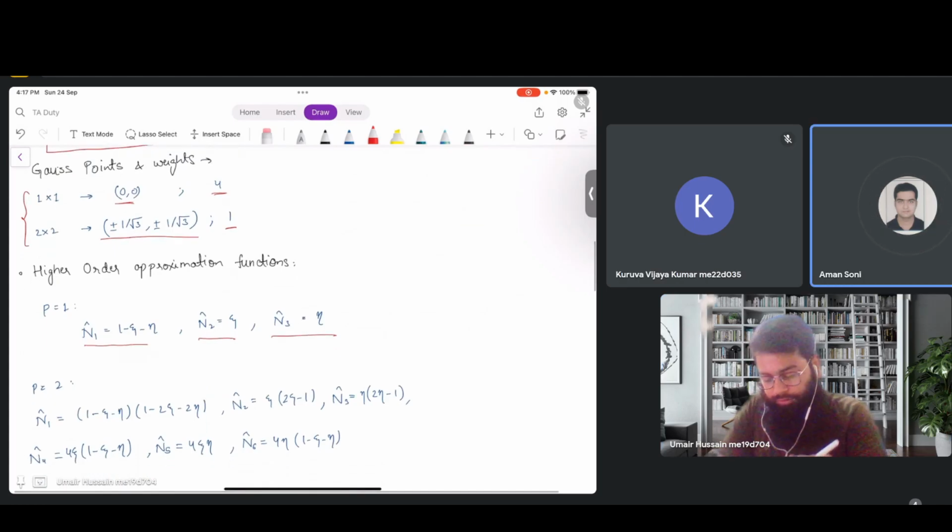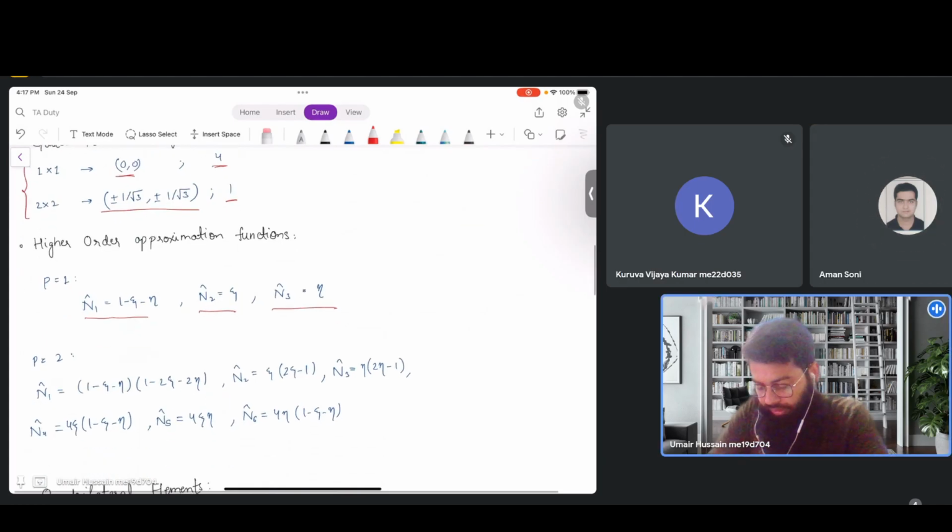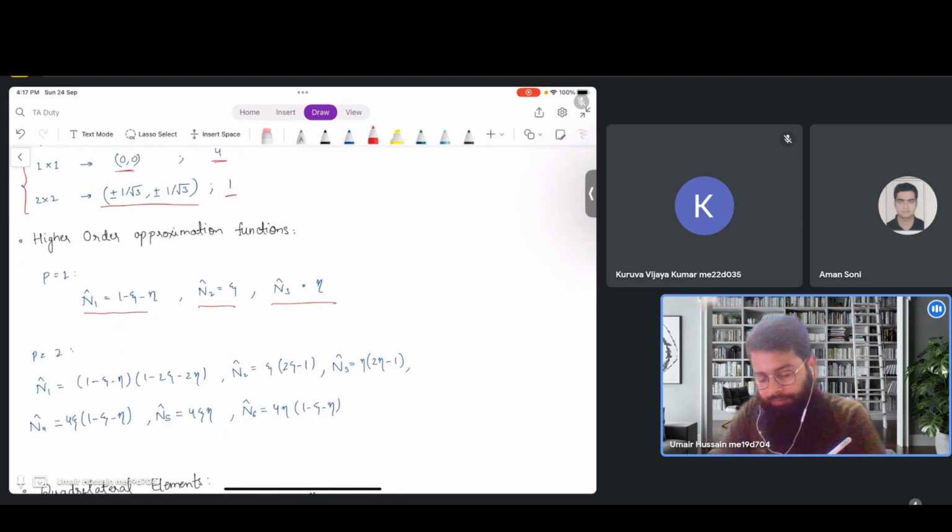Next, if we want a higher order approximation function, there are methods to derive that also. I'll send you the page link.